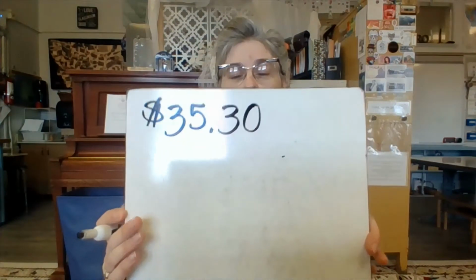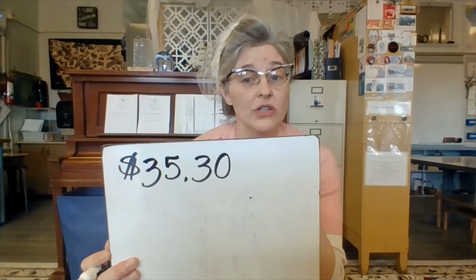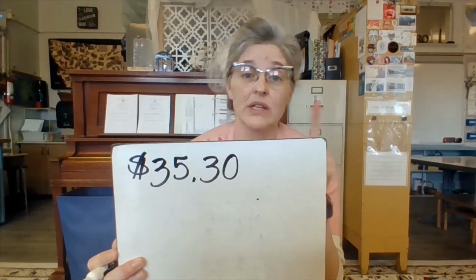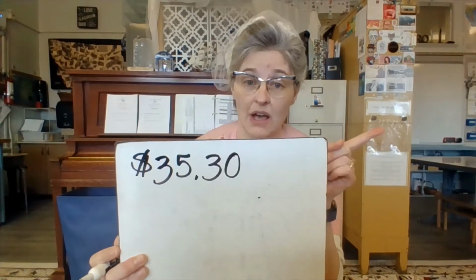So we're going to do a couple practice just on a whiteboard here. We're going to start with, let's say I have $35.30. So I am going to round this off. Is it closer to $35 or is it closer to $36?